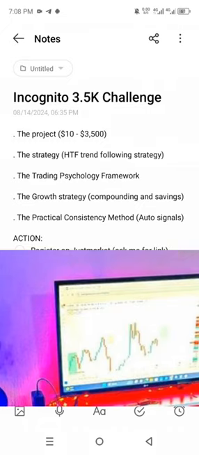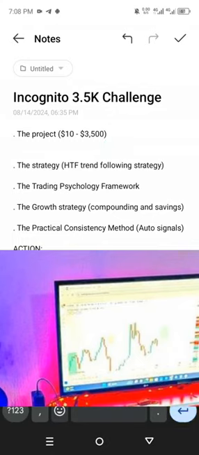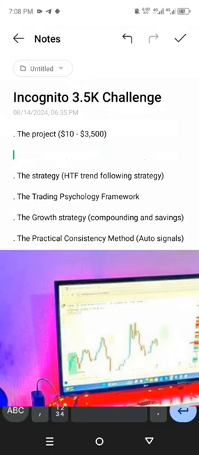So the first thing is we will be splitting this $10.